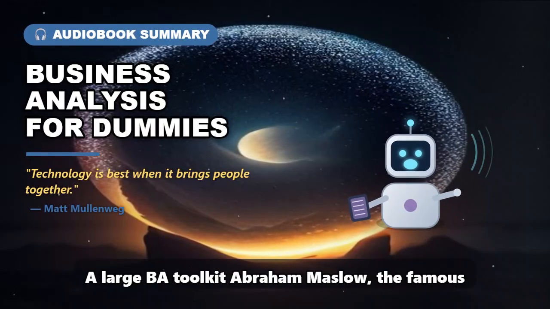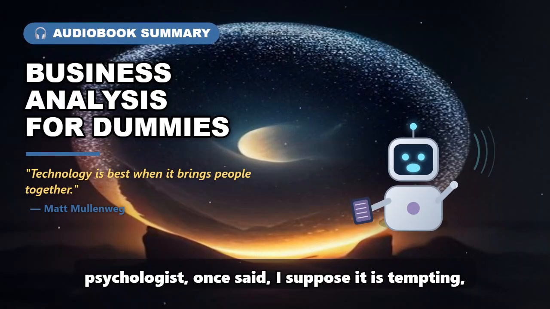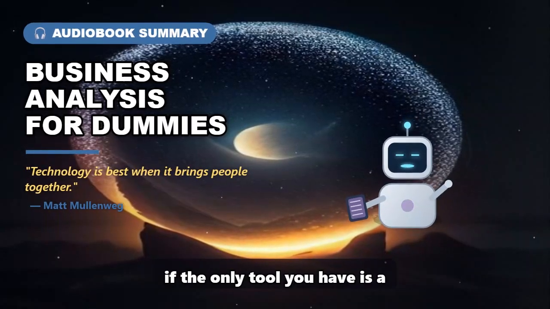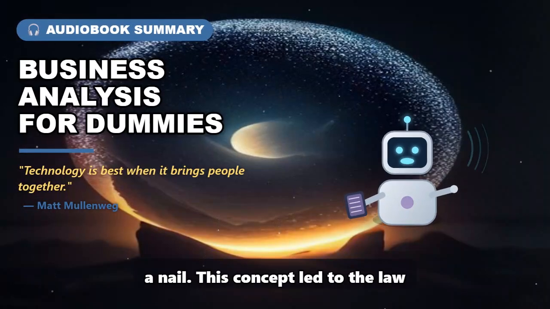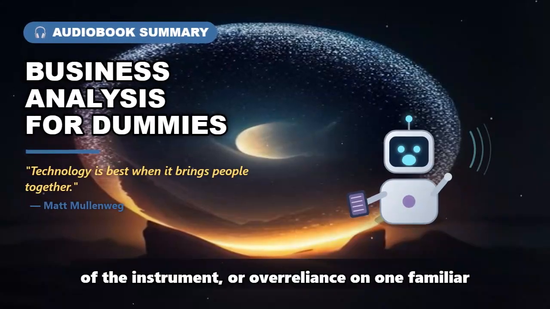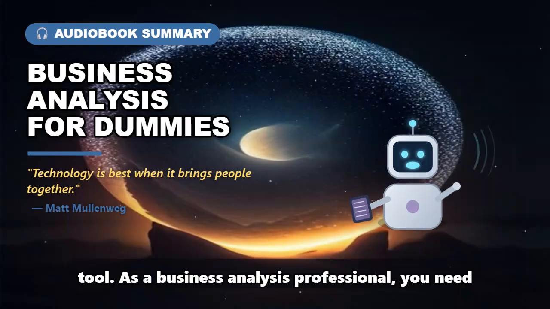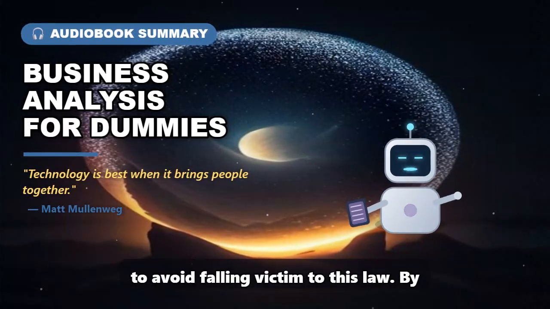A large BA toolkit. Abraham Maslow, the famous psychologist, once said, "I suppose it is tempting, if the only tool you have is a hammer, to treat everything as if it were a nail." This concept led to the law of the instrument, or over-reliance on one familiar tool. As a business analysis professional, you need to avoid falling victim to this law.